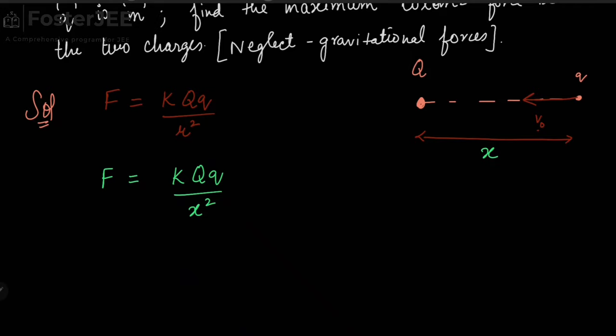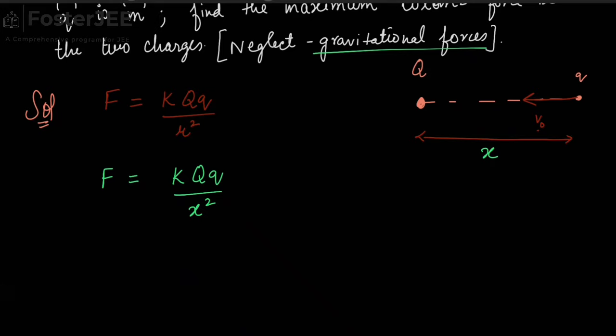No other forces are acting between the two charges, since we are told to neglect gravitational forces. Charge is an intrinsic property of matter, and mass is also an intrinsic property of matter. So practically Coulomb force and gravitational force both act simultaneously, but since we are given that we have to neglect gravitational forces, we will consider only Coulomb force.